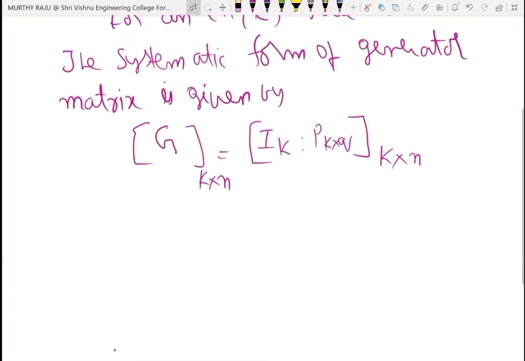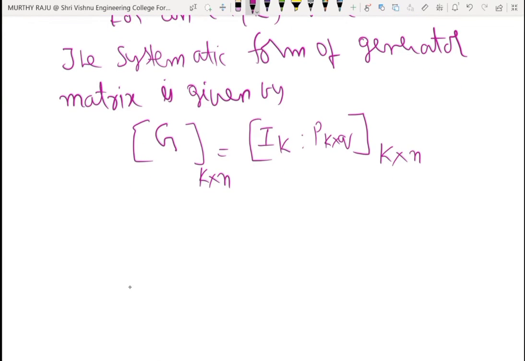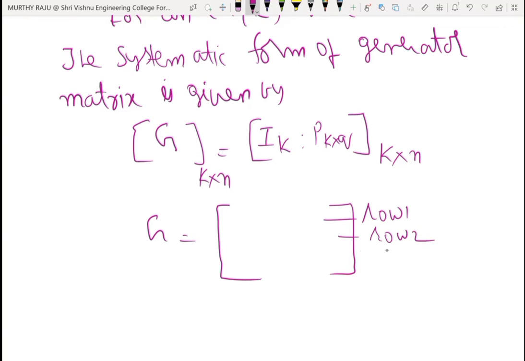In cyclic codes, we use polynomial representation. This is G is equal to row 1, row 2, row 3, up to row K. Why is it K?